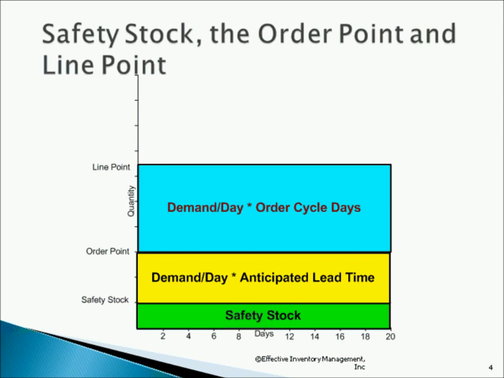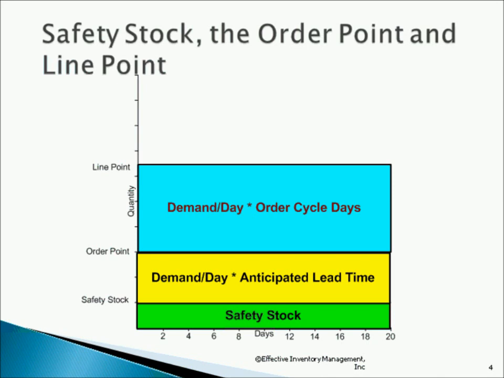If we ordered the item when we had 14 pieces left on the shelf in your store or warehouse, we would be receiving the replenishment shipment in as you were selling the last piece. The anticipated lead time demand is represented in the graph in front of you in that area in yellow.